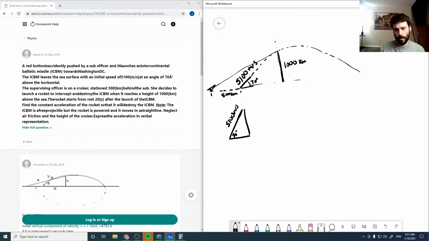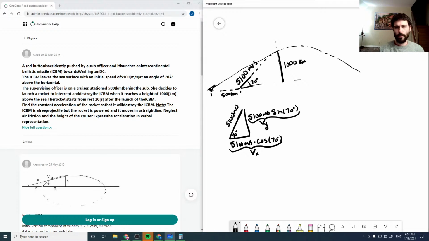Okay, and so then this one here is going to be 5,100 times the cosine of 70 degrees. And this one here is going to be 5,100 meters per second times the sine of 70 degrees. And I'm going to call this my Vy, and I'm going to call this my Vx, just to save me the trouble of writing these out all the time.